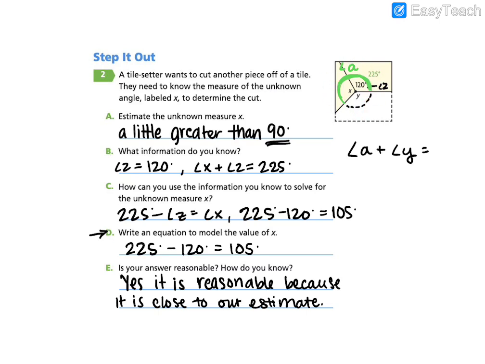So it forms a circle here, right? So if I add these two, I'm going to get an angle measure of 360 degrees. So if angle A is equal to 225 degrees plus angle Y will give me 360 degrees. If I write my inverse operation, I can solve for angle Y.